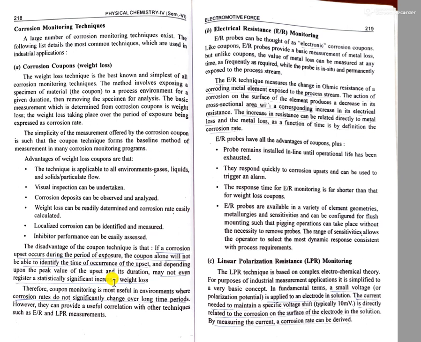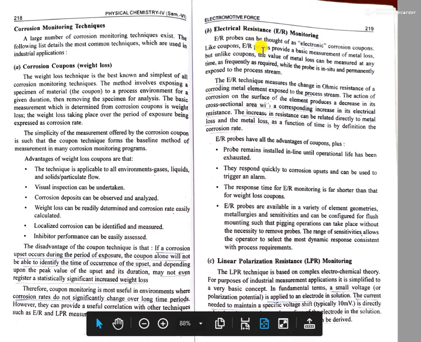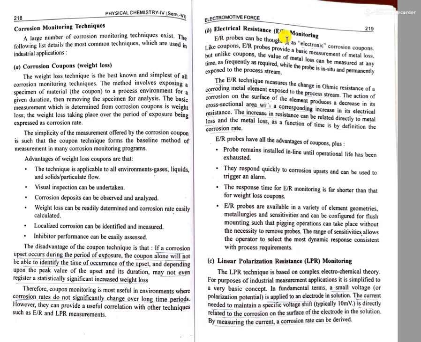So let us see the ER monitoring technique, that is, the electrical resistance monitoring technique. ER probes can be thought of as electronic corrosion coupons. Like coupons, the ER probes provide a basic measurement of metal loss, but unlike coupons, the value of metal loss can be measured at any time.